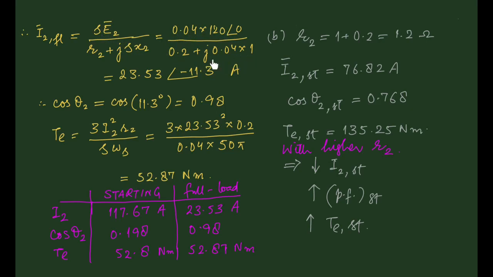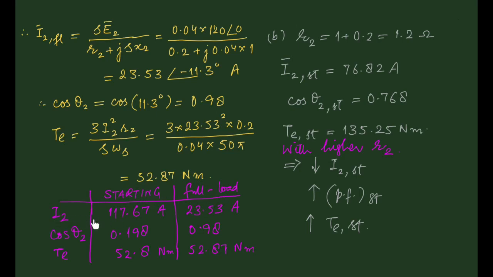So after substituting the values, the full load current comes out to be equal to 23.53 ampere at an angle of minus 11.3 degrees, and the corresponding rotor power factor will be equal to cosine of this angle, which is 0.98, and the full load torque will be equal to 52.87 Newton meter.